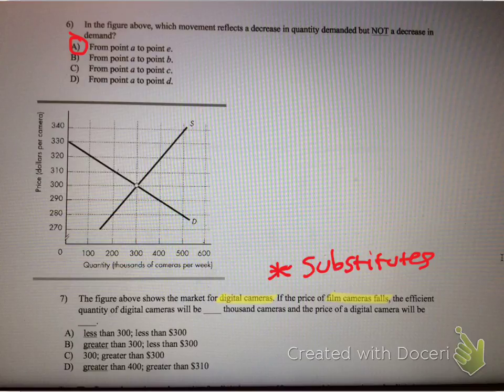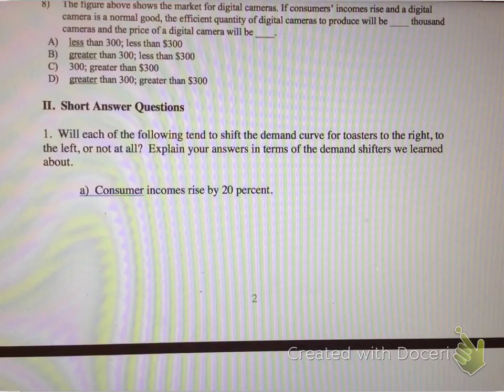If the efficient quantity of digital cameras, you would actually have to have less, I believe. Yeah, if the price falls, you would have a leftward shift, so you'd have less than 300. So it wouldn't be greater, and your only answer choice is A, just based off that. But let's keep going. The price of digital cameras would also be less. Okay, so that makes sense. Hope that made sense.